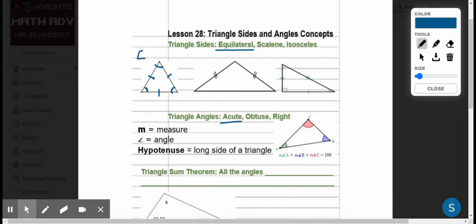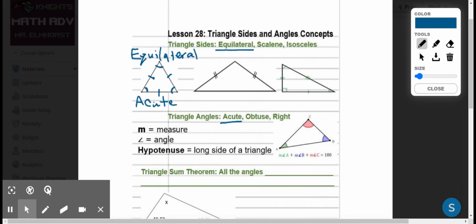So this is equilateral, meaning all sides are equal, and acute, meaning small angles, which are less than 90 degrees.